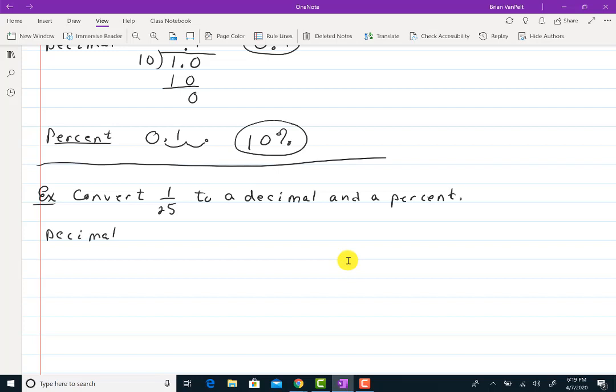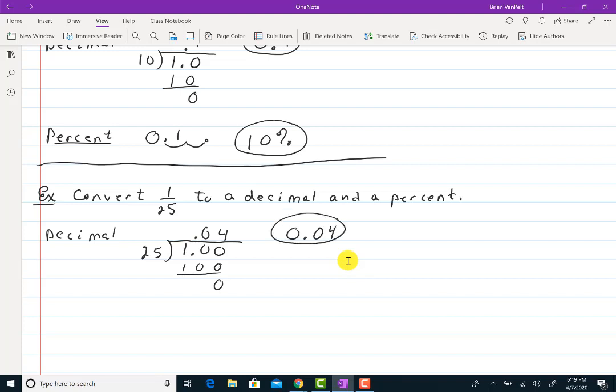In fact, anytime I'm converting a fraction to a decimal, I'm going to do the same thing. 25 will go into 1.0. 25 doesn't go into 1. 25 doesn't even go into 10, but it will go into 100. So notice I have a 0 waiting for me up there. 25 goes into 100 4 times with the remainder of 0. So the decimal version is 0.04.